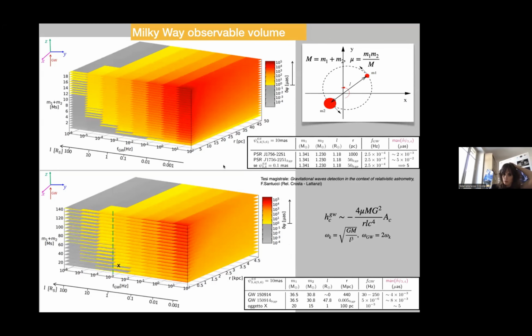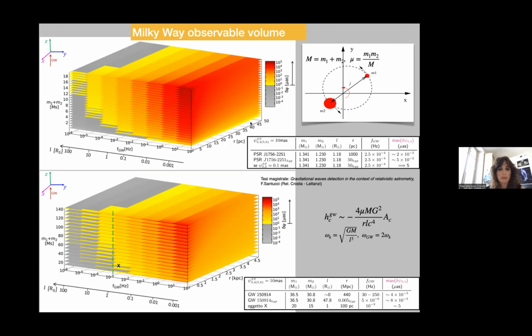This is just a simulation of such a signal for a binary star inside our galaxy. And as you can see from these graphs, the signal is above 1 microsecond for large cases, for many frequency ranges and many distances, many parsecs.